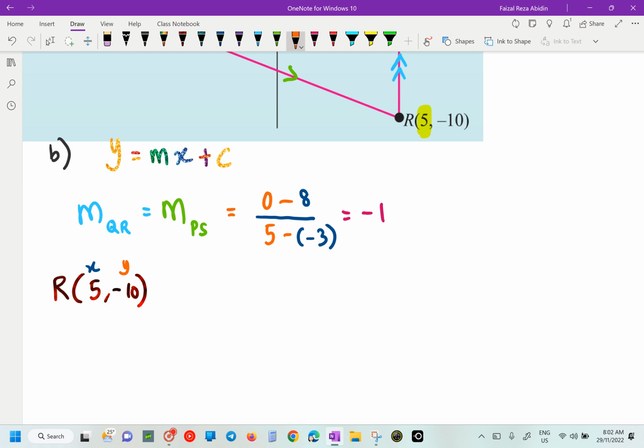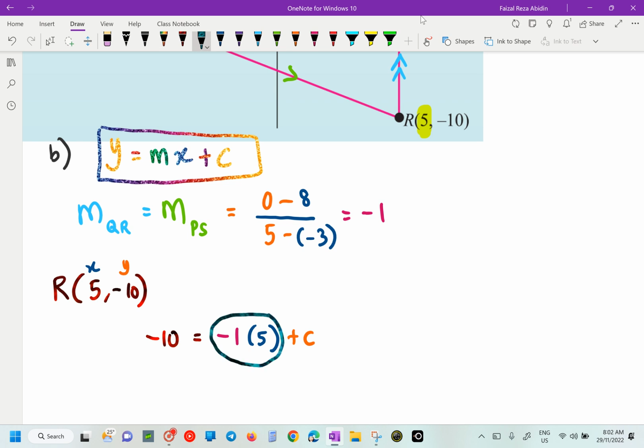So y is negative 10 equals the gradient we got just now, negative 1, times x, which is 5, plus c. Negative 1 times 5 gives negative 5. Bringing negative 5 to the left, you get c equals negative 10 plus 5.